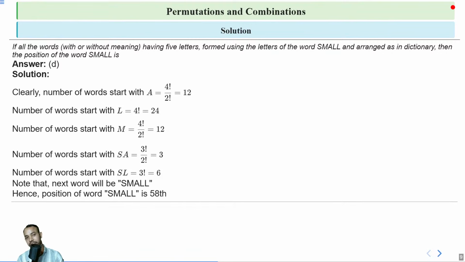Hence the position of the word SMALL is 58, and here our correct answer is option D. I hope you understand all the steps. If you have any doubt, you can ask here freely. It's clear to all of you.